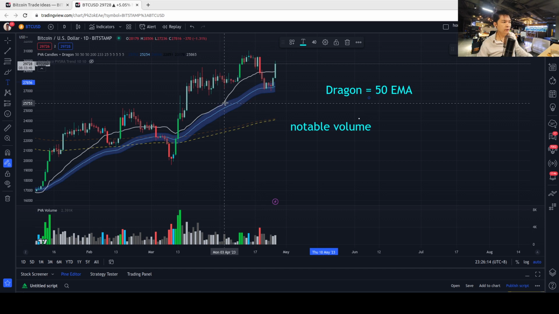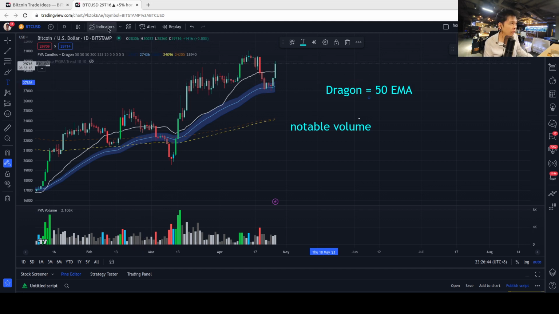This other line, the white line, represents the 25 WGT, which is a weighted average, another average that we use in PVSRA analysis. So I coded this PVA candles plus dragon, which is the name of the indicator. You can also use it because I made it available for free.